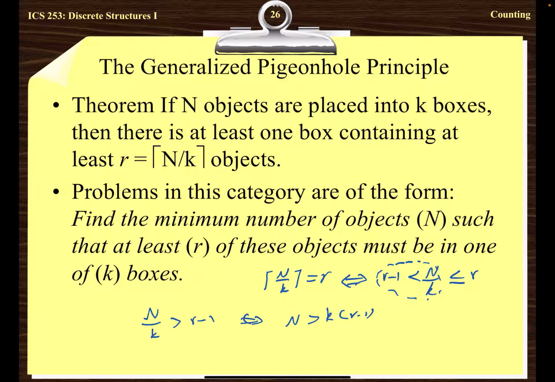So if you want the minimum n, what should you do? k multiplied by r minus 1 plus 1, just like we did with the ordinary pigeonhole, exactly the same. So let's take some examples.